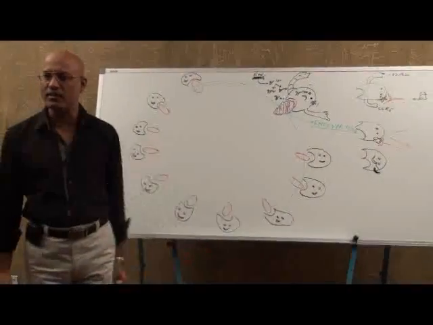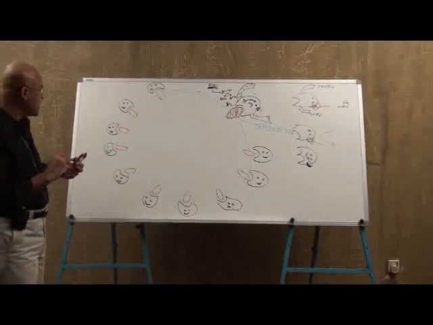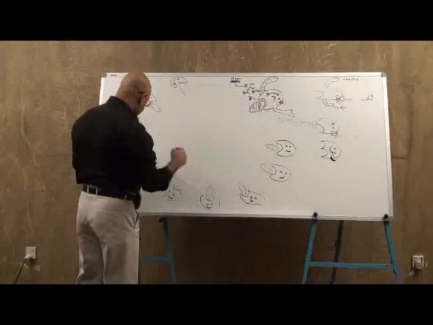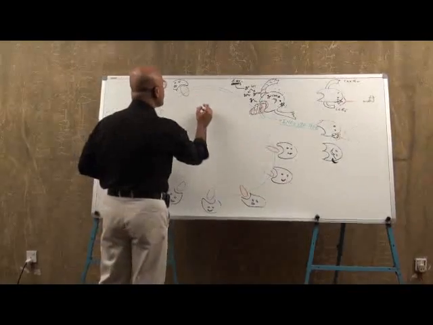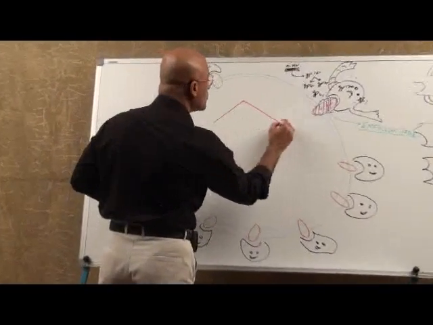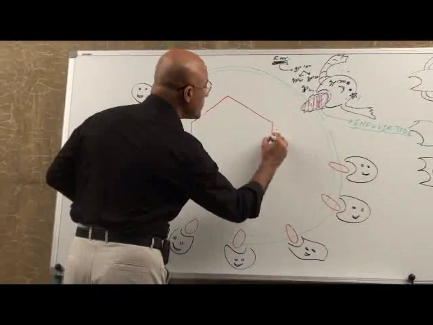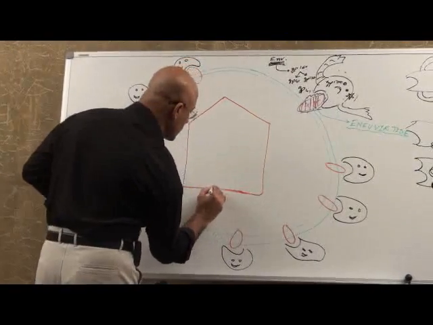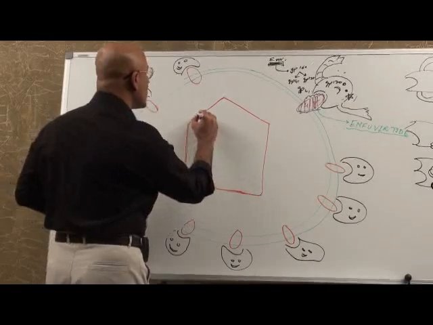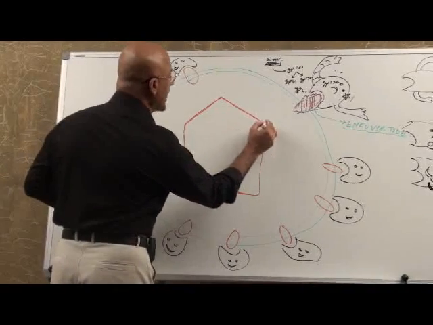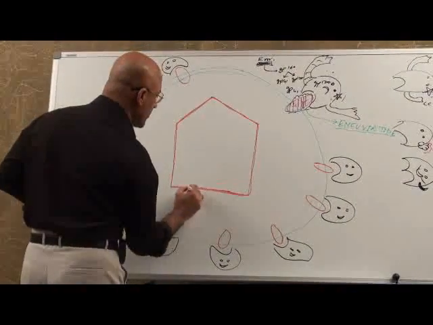Now we should enter inside the virus, inside the envelope. This is the place where the true viral genetic material lives. This is the house, and this house is made not of glycoproteins, only proteins.